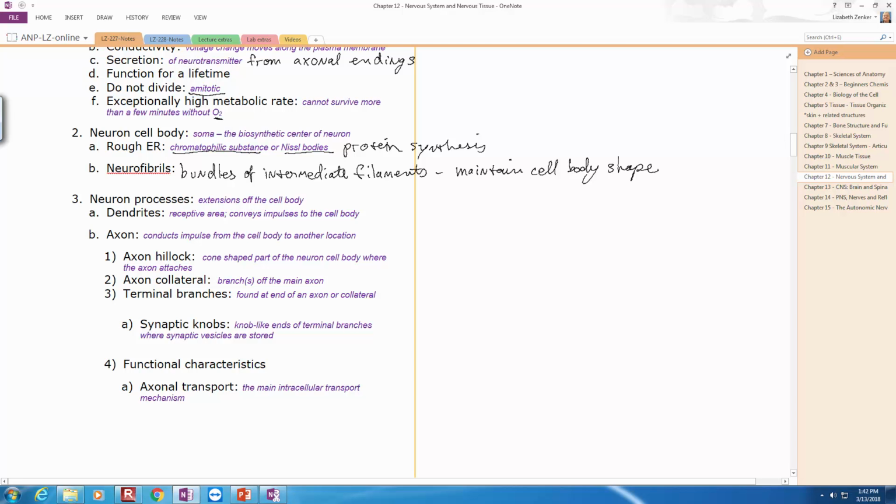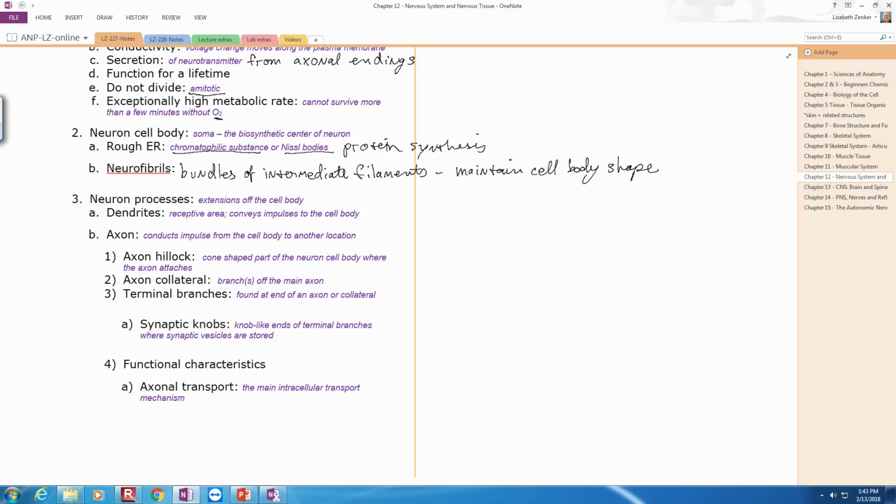Neuron processes, so these are extensions off the cell body. So you guys already kind of mentioned dendrites. So these are on the receptive end of the neuron, meaning that this is where they're getting information at the dendrite or receptive end, and then thus it'll send it down the axonal end to either talk to another neuron or send the information onto another area of the brain, right?